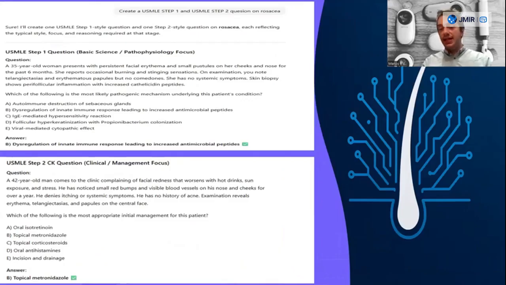Also, we can see that it can create exercises with different difficulty levels and with different focus.